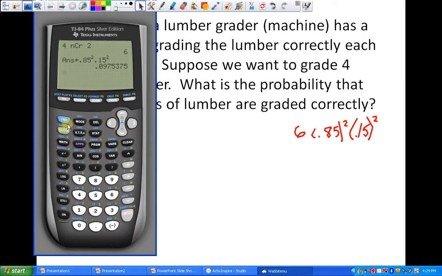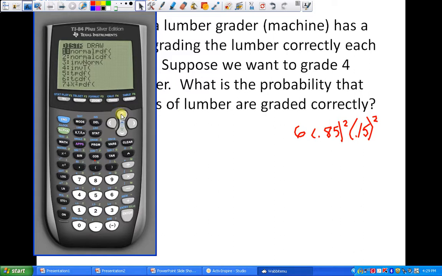Now, there's also actually a built-in option in the calculator that will do the entire thing in one sequence. So let's go to second variables, which is the distribution key. Same thing that we used when we did normal CDF. Now, at the very bottom of this, we have binomial PDF and CDF.